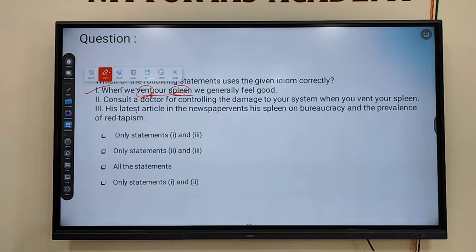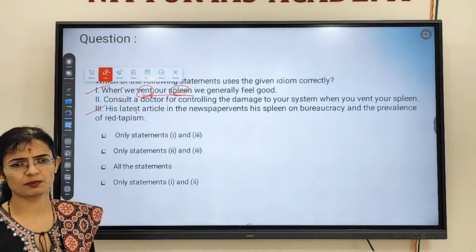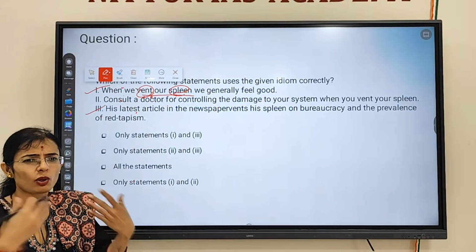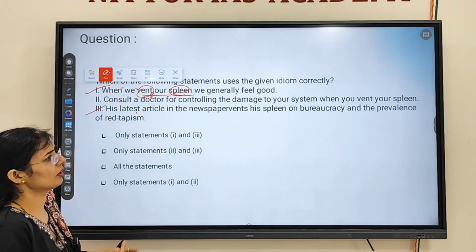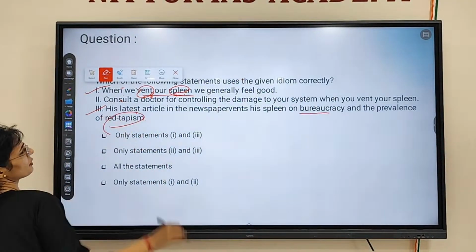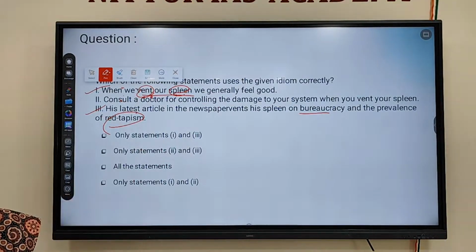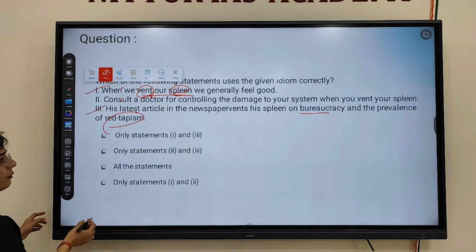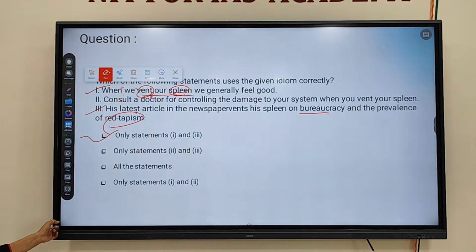Though I don't know the third option, but still we can choose one. See, in the last article, he vented his spleen. He brought out all his emotions. He brought out all his anger, writing about the bureaucracy and the prevalence of red tapeism. So whatever is negative happening or related to bureaucracy, he removed his anger. He expressed his anger. So 1 and 3 are correct.